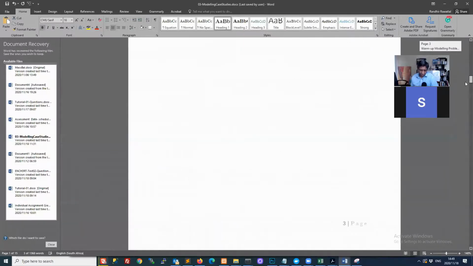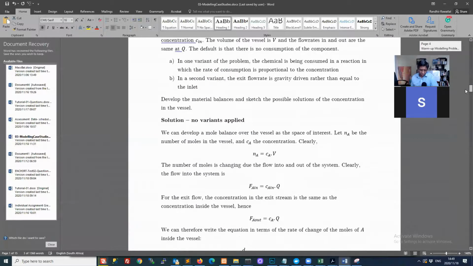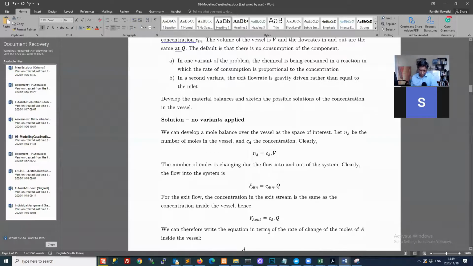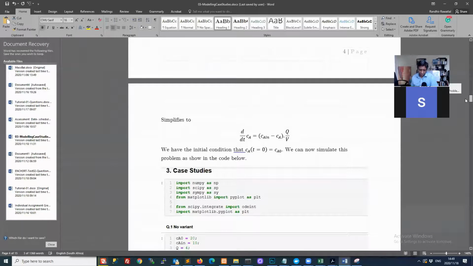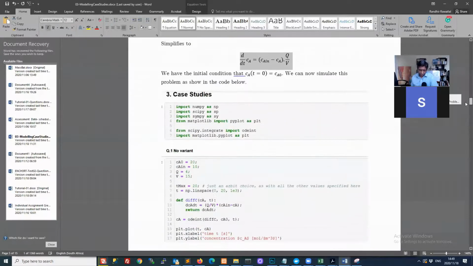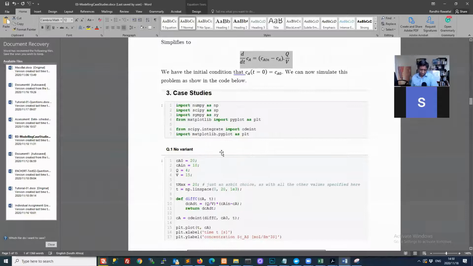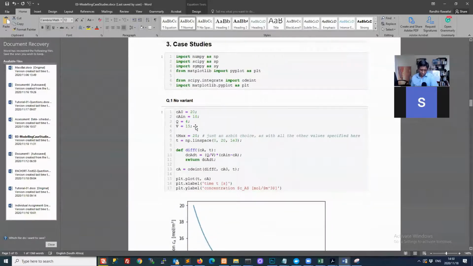If you look at this one, no variance, Q in equals Q out and all that, so everything we just wrote there, the same material balance. And then we just have some Python code, and I just stuck some arbitrary numbers in there.